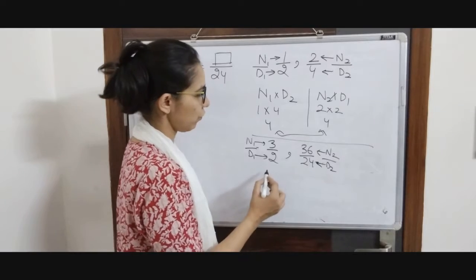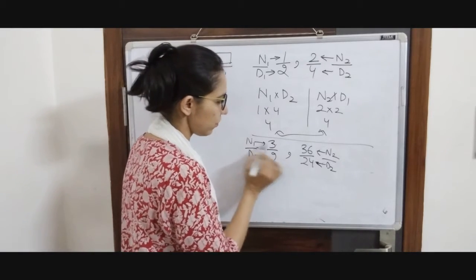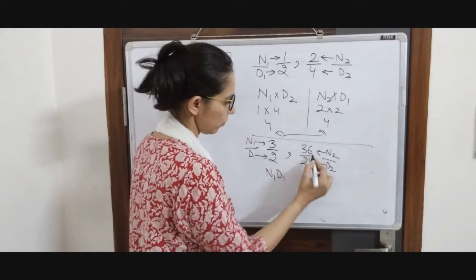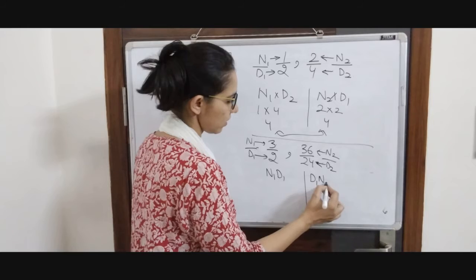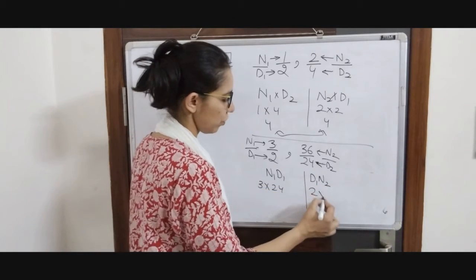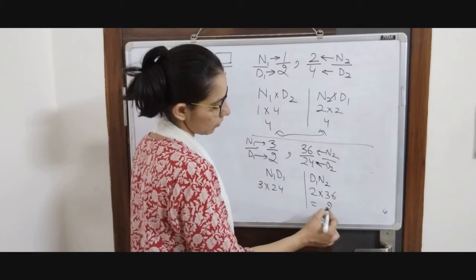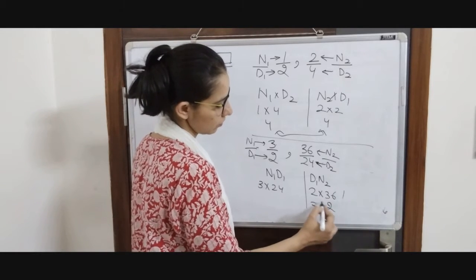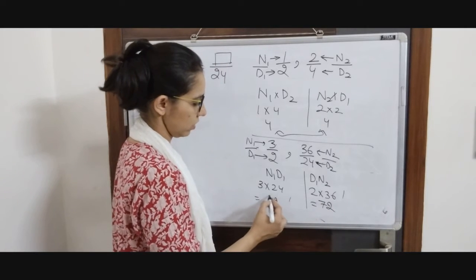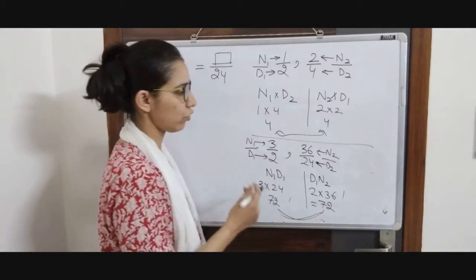We have to find out the product of this and this, N1 D2, and here the product of this and this, N2 D1. This is going to be 3 into 24, and this is going to be 36 into 2. So the product is going to be 72, and here it is going to be 72. This product is coming out to be the same.